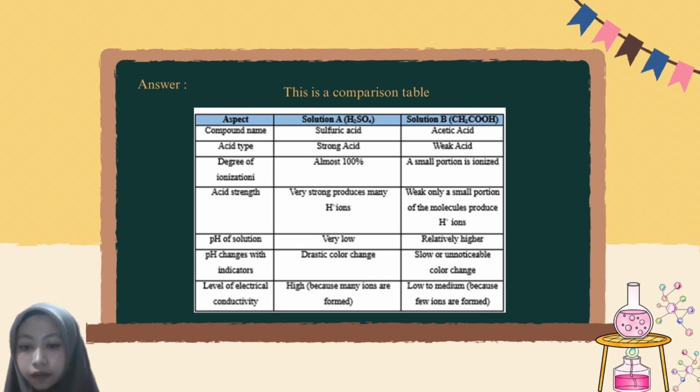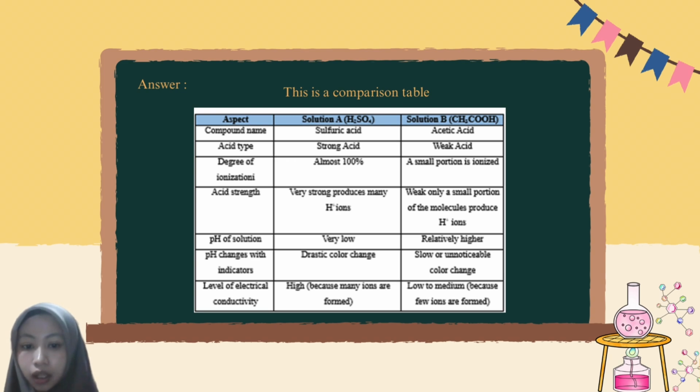Number 5. pH of solution. Solution A very low and solution B relatively higher. Number 6. pH change with indicators. Solution A drastic color change and solution B slow or unnoticeable color change. Number 7. Level of electrical conductivity. Solution A high because many ions are formed.